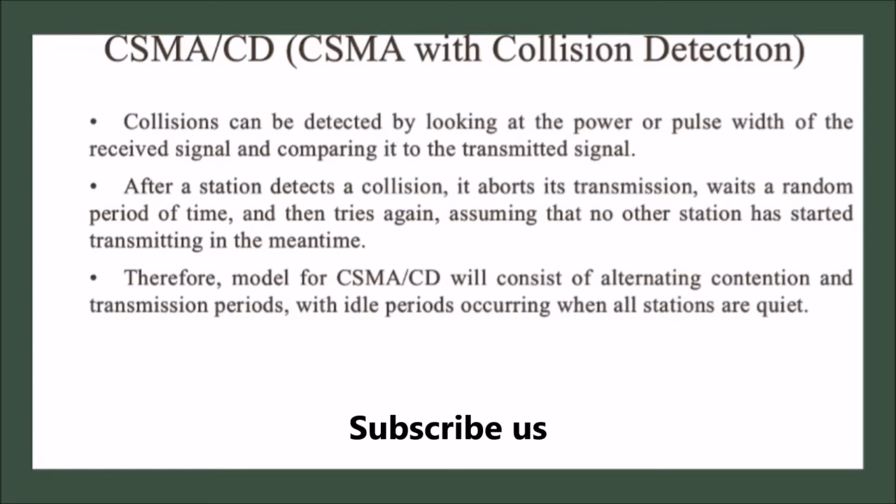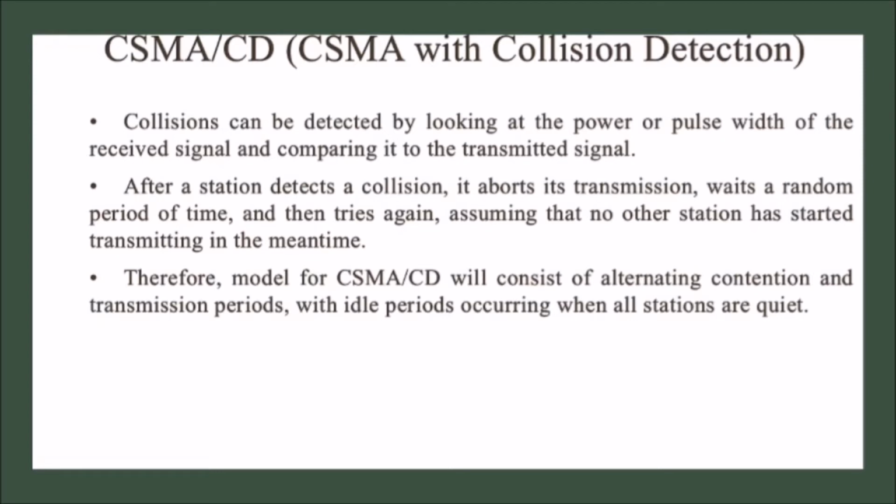After a station detects a collision, it aborts its transmission, waits a random period of time, and then tries again, assuming that no other station has started transmitting in the meantime.